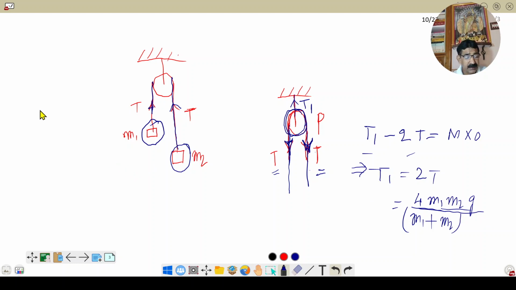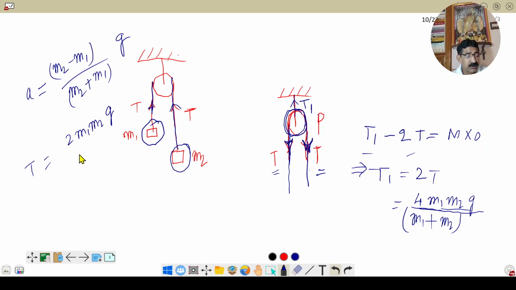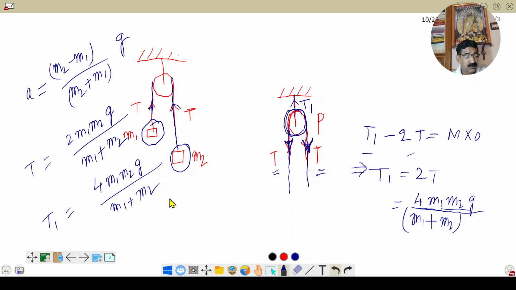So there are three equations. Number one, the expression for A is equal to M2 minus M1 by M2 plus M1 into G. For T, 2 M1 M2 into G by M1 plus M2, and for T prime or T1, it is equal to 4 M1 M2 into G by M1 plus M2. You must remember these three equations.